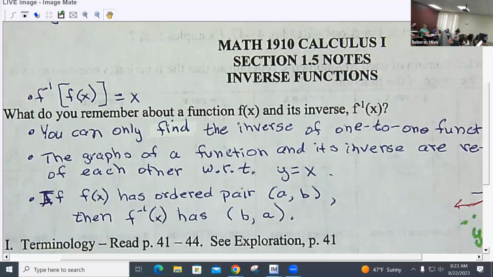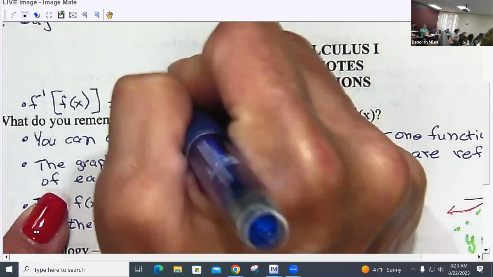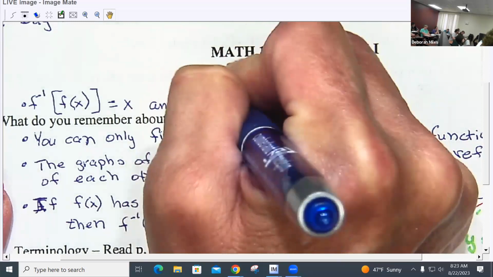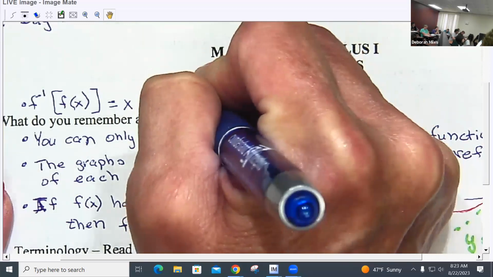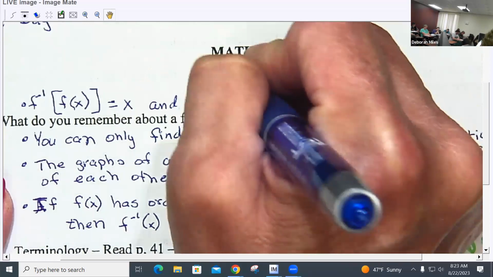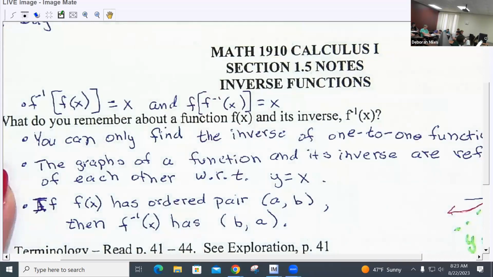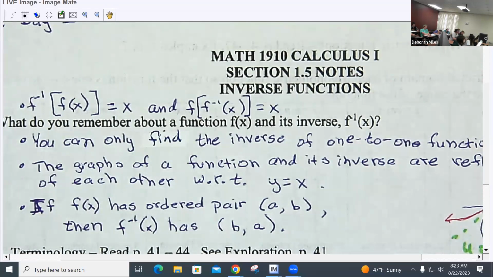So I guess I'll say, and if I put the inverse function into the function itself, that will also just give me x. Both composite functions have to give me plain old x, and then I can say, yes, those two functions are inverses of each other.